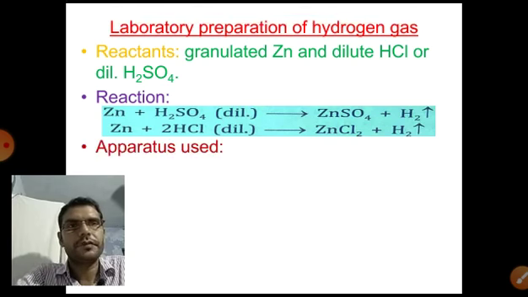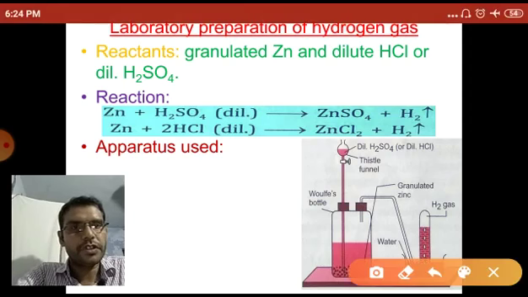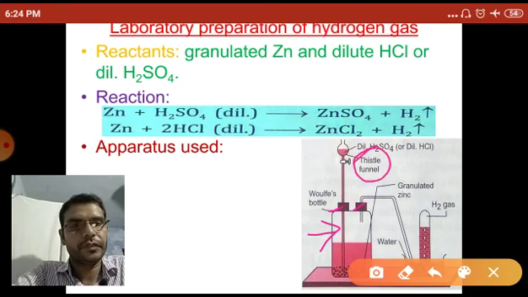Now for this laboratory preparation of hydrogen gas, the apparatus used, let's see these diagrams. The apparatus used are the Wolfe bottle. This one is a Wolfe bottle, which has two mouths. Now a thistle funnel.